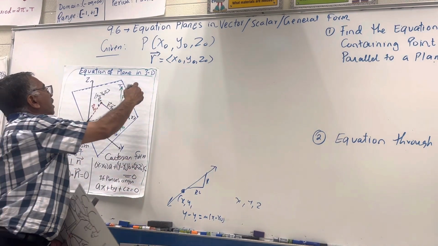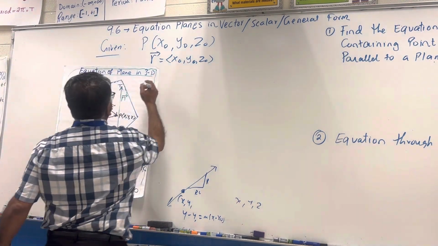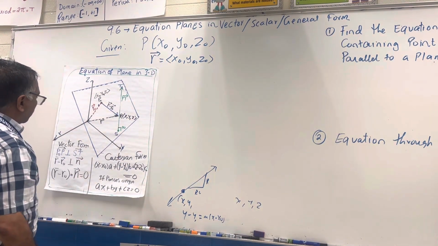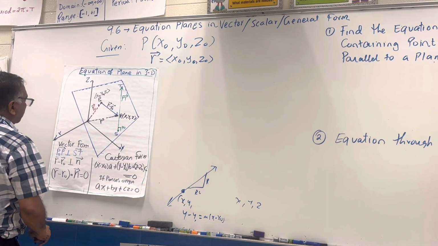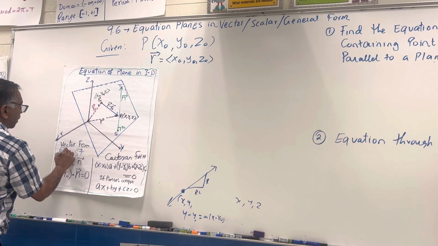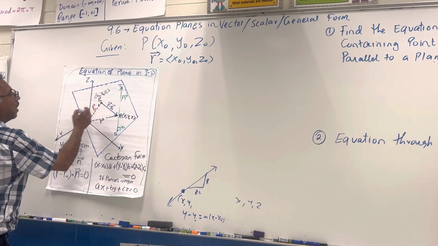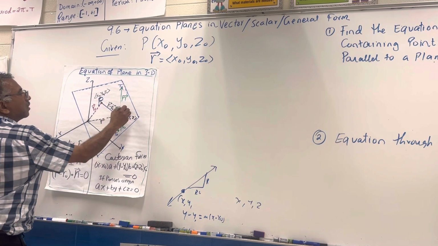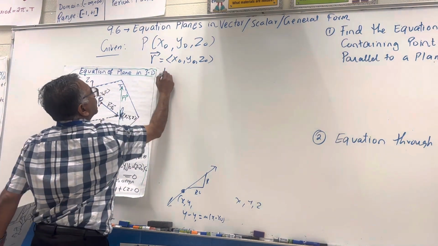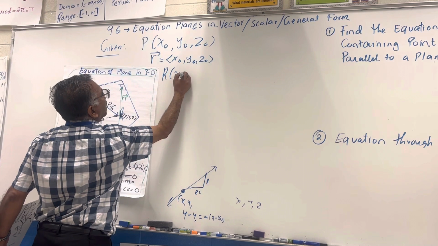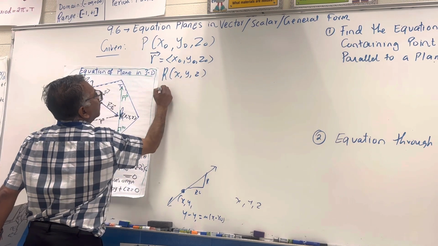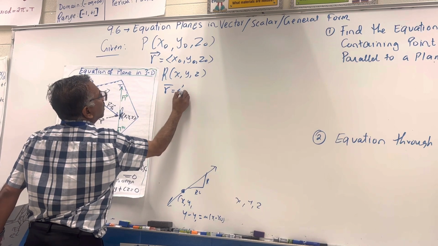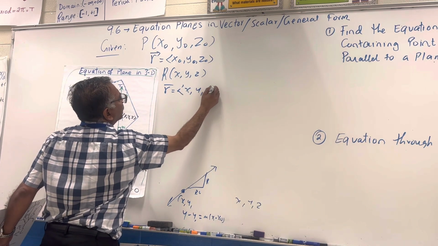That is taken as this one. This is P, and that is r. So r is let it be any point. In component form, we say this vector becomes x, y, z.